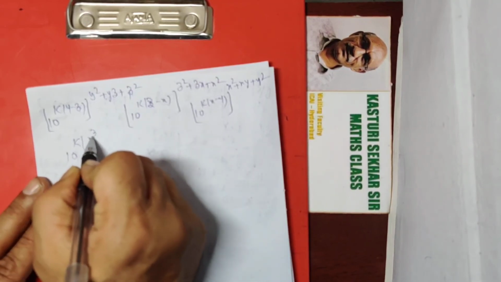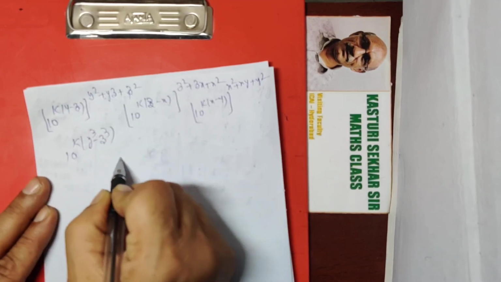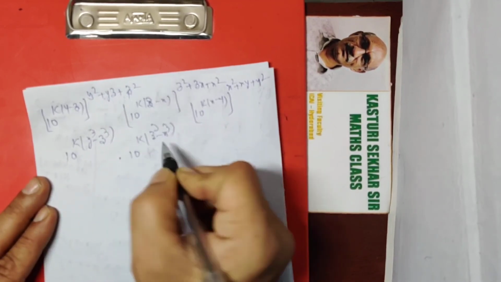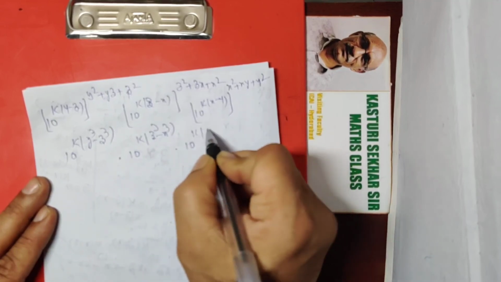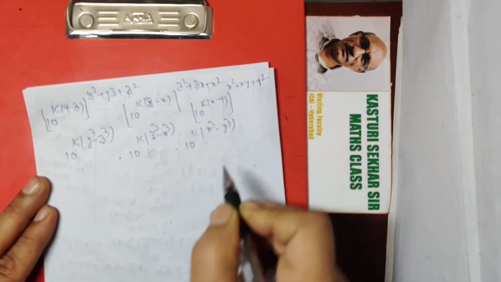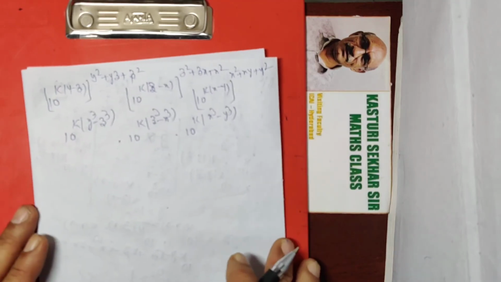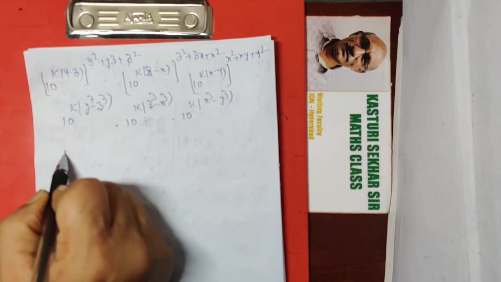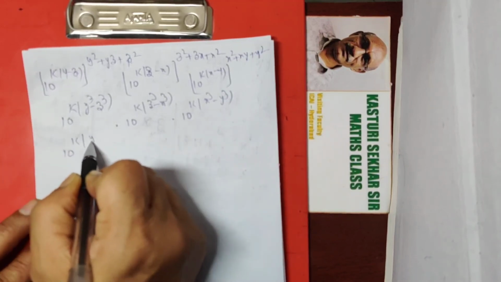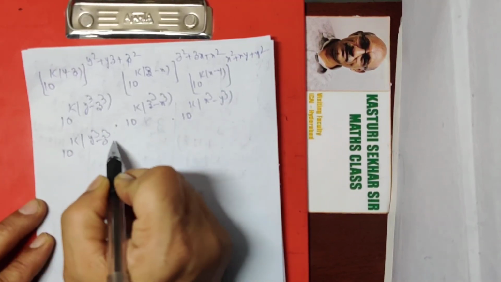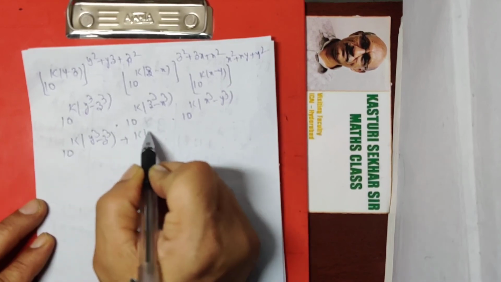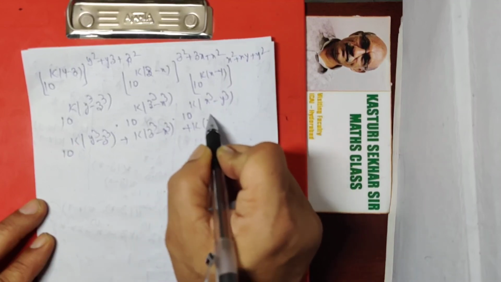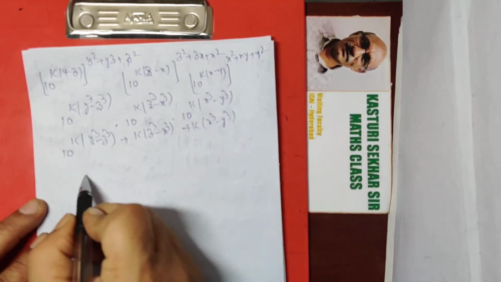This can be written as y cube minus z cube. 10 to the power of k into z cube minus x cube. 10 to the power of k into x cube minus y cube. Now sir, bases are equal, multiplication sign, powers can be added. 10 to the power of k into y cube minus z cube plus k into z cube minus x cube plus k into x cube minus y cube.